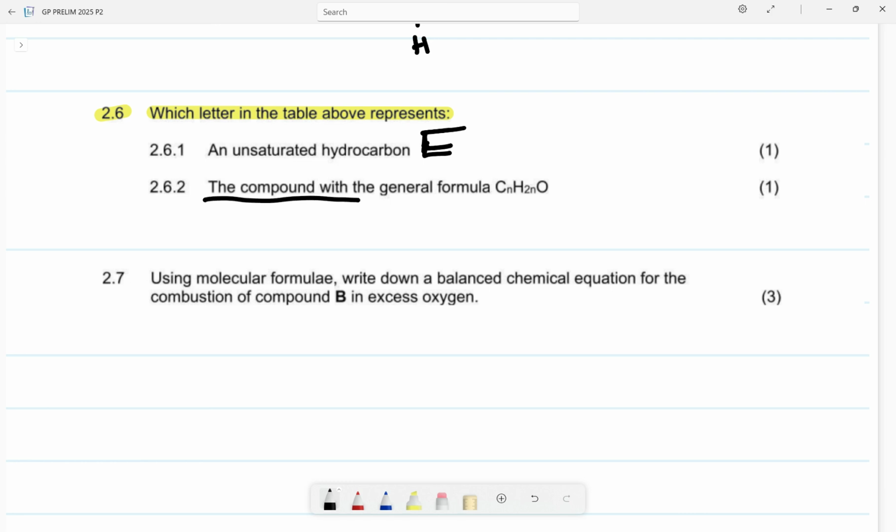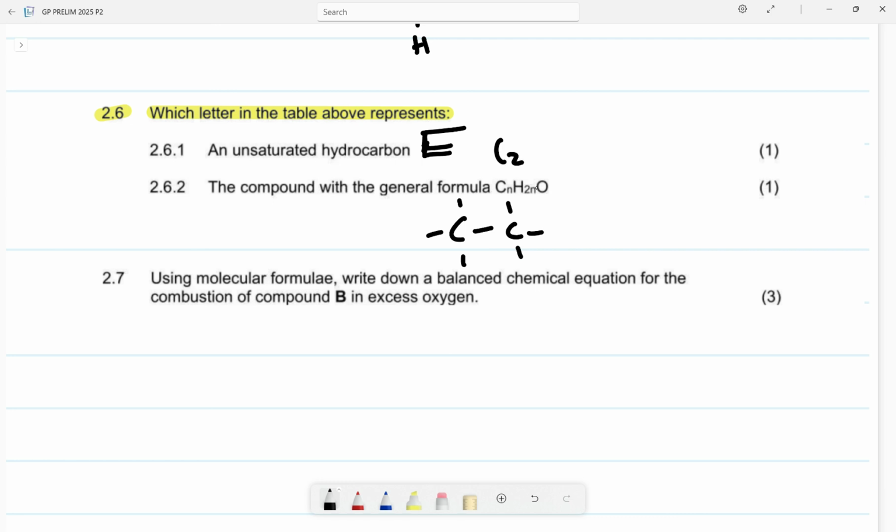The compound with the general formula CnH2nO. This one, CnH2nO, has one oxygen. So the one with one oxygen, remember I said ketone and what has one oxygen. So I can draw like this. How many carbons do I have?